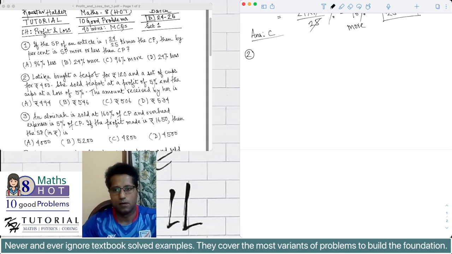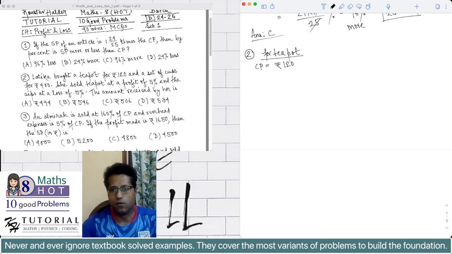So let's calculate individually. For the teapot, cost price is rupees 120. It is given that Latika bought a teapot for rupees 120, and for cups, the cost price is given to be rupees 400.